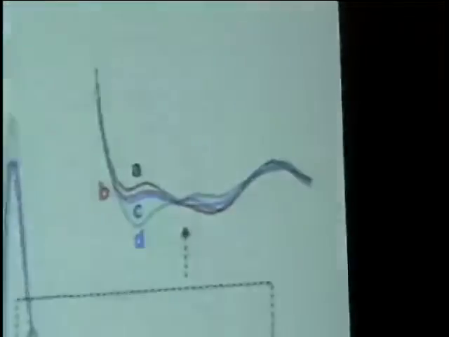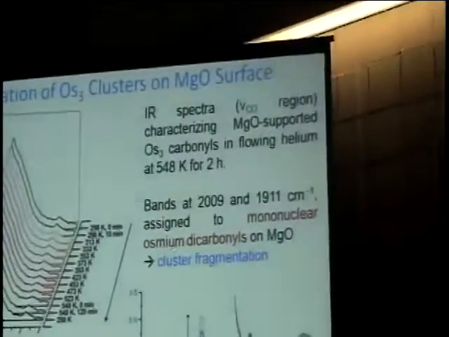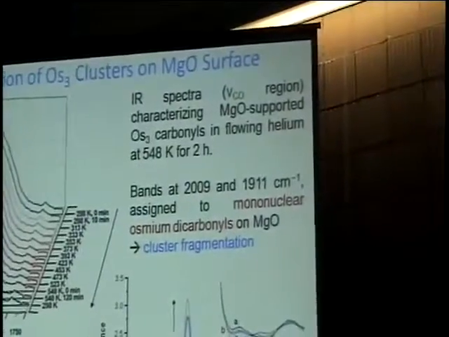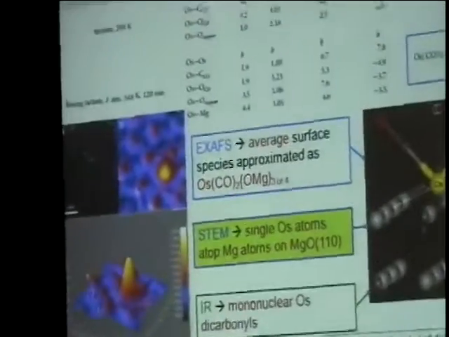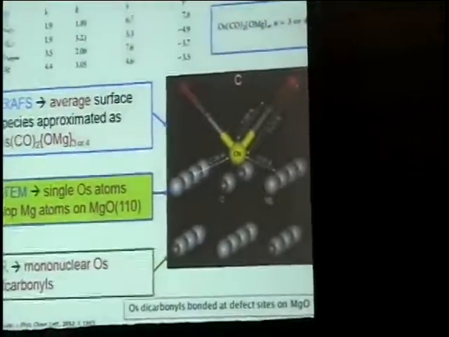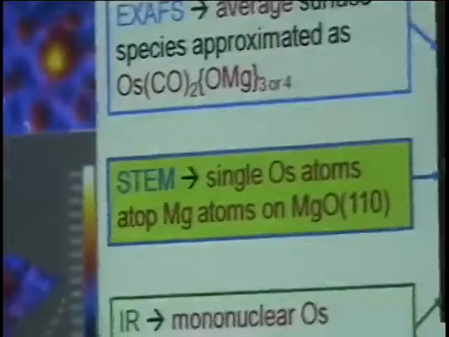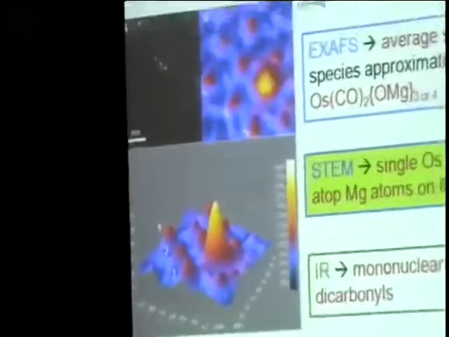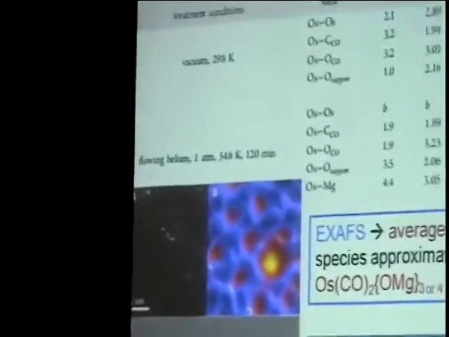And we do infrared, and it bolsters what I'm saying, so we get osmium dicarbonyls. So we have a simple sample to work with, and we can push the microscopy to learn something important about the structure, not just of the metal species, but of the metal-support interface. So we think that's an important part of what the microscopy is bringing to catalyst characterization these days.